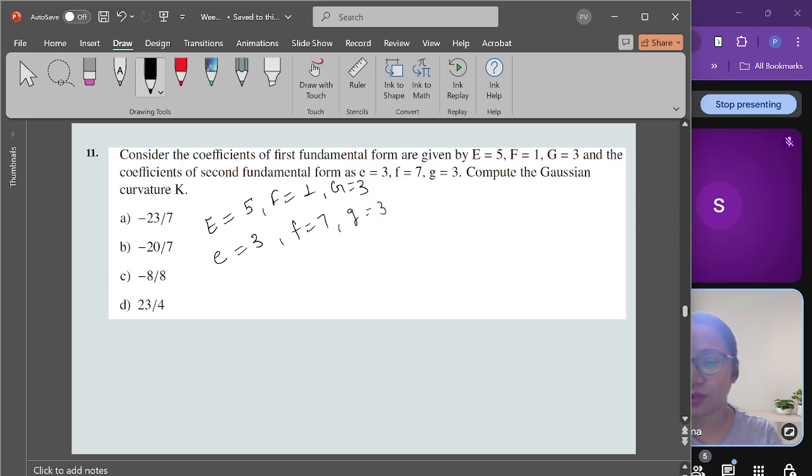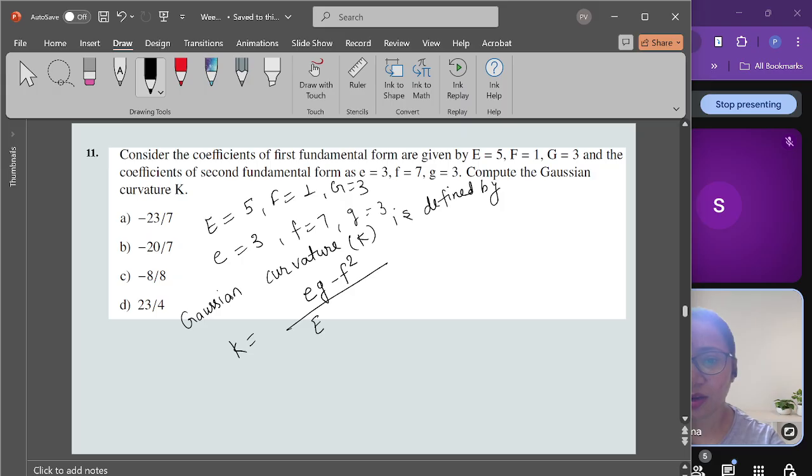For Gaussian curvature, there is a formula, K is defined as (eg minus f square) divided by (EG minus F square).